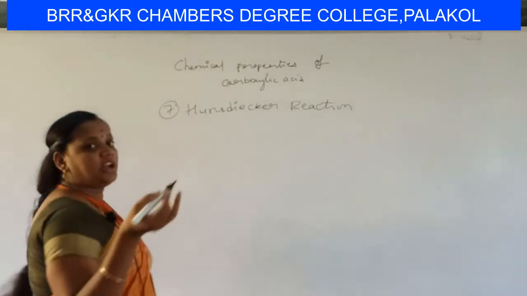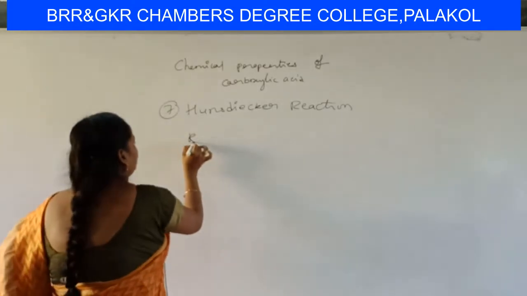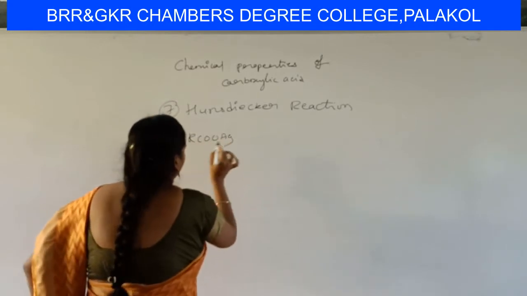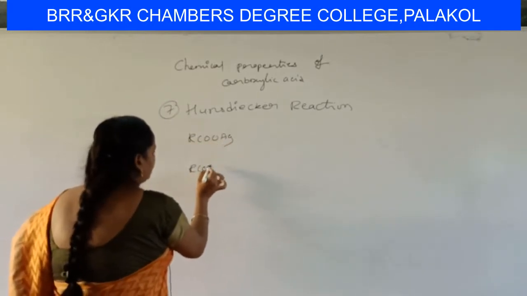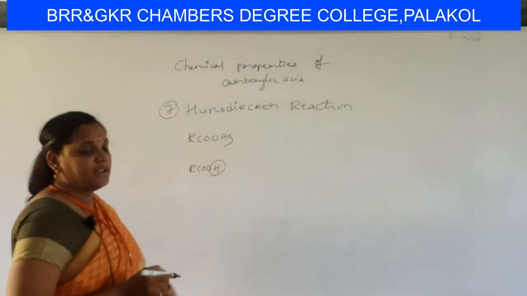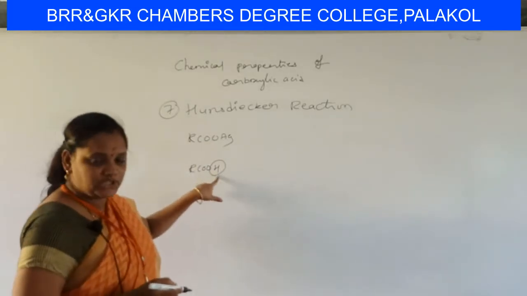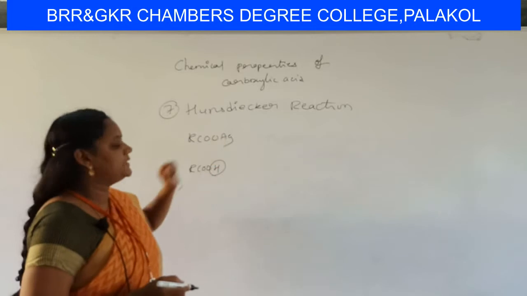What is the formula of silver salts of carboxylic acid? RCOOAg. How did we get this silver salt? By the replacement of H of the carboxylic acid by a silver atom.